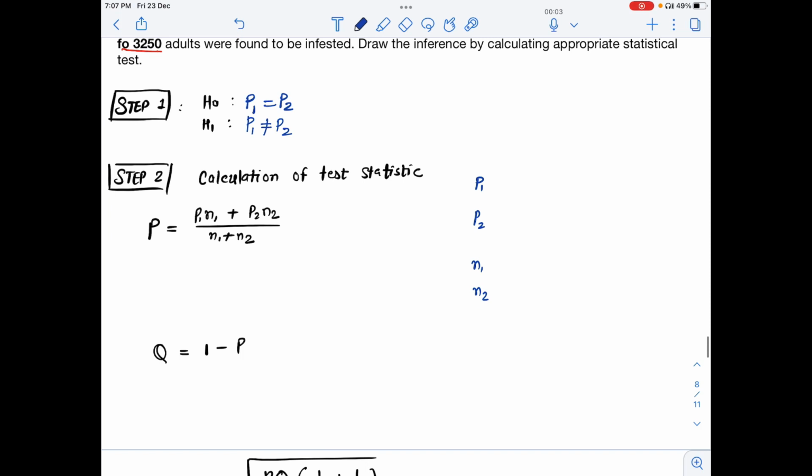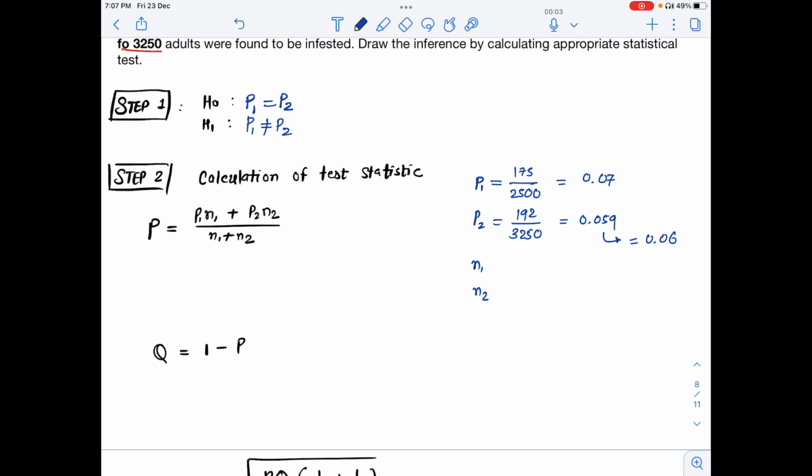Now in step 2 we will calculate all the various things. For P1 there were 175 people out of 2500, and for P2 there were 192 positive out of 3250. So it will be around 0.07 and this will be around 0.059. You can also choose it to be 0.06.